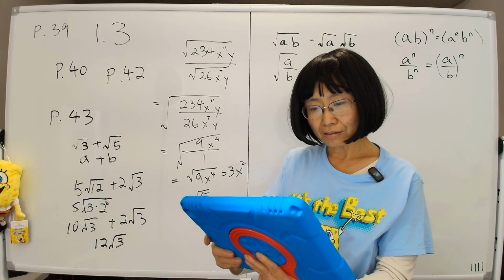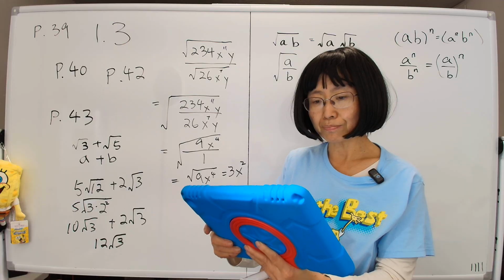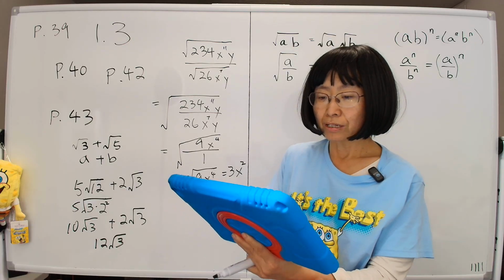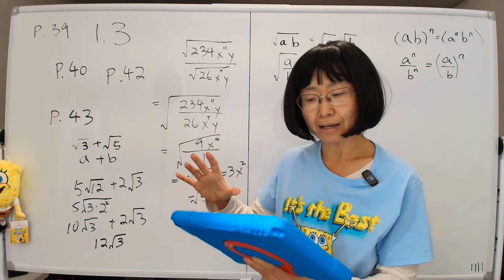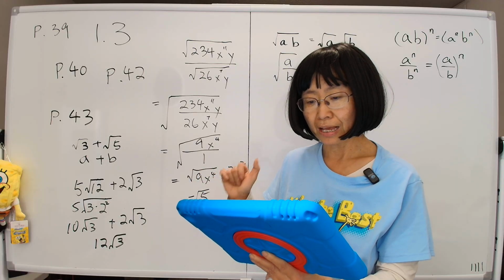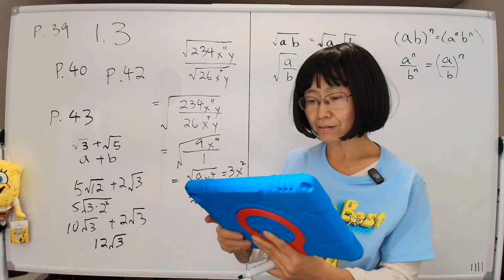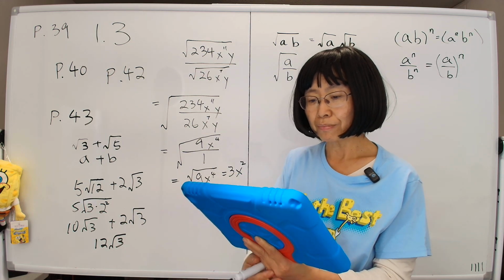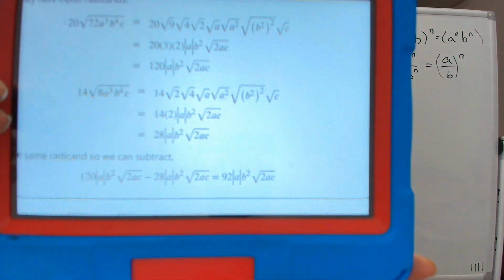Next, let's look at example 7. Example 7 is more complicated, but the principle is the same, as your book explains quite thoroughly. That is, we're going to break this up into chunks and see if there's anything in common between them. And if there is, then we'll be able to do the subtraction. Even though the chunk might end up looking quite complicated, as long as they are the same, that's what matters. Take a look at the chunks.